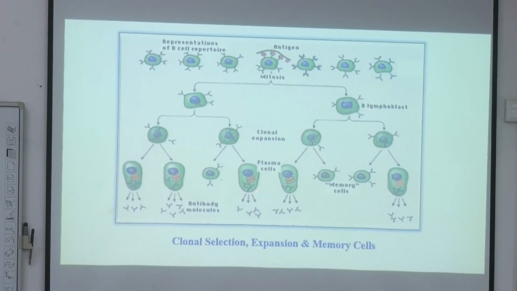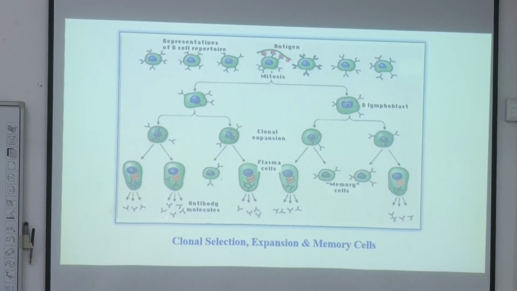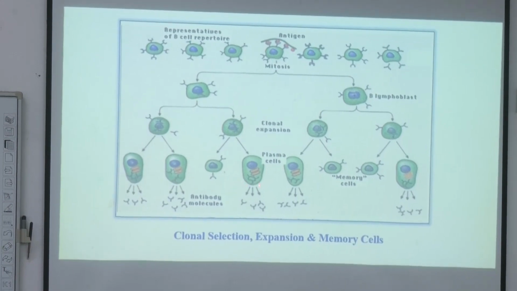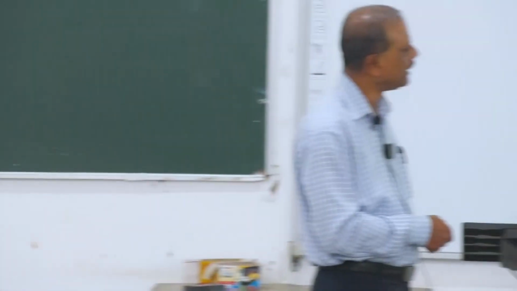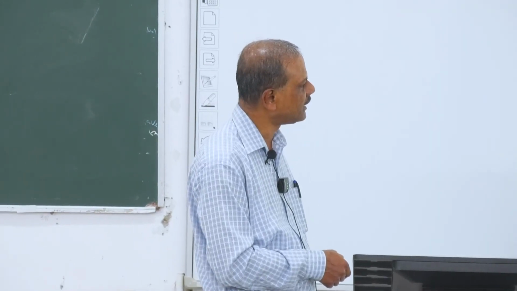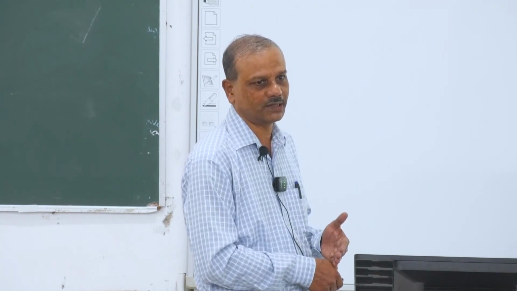But look at this: some of the cells are secreting immunoglobulin, some are not. Those cells which are secreting immunoglobulin produce antibody, and the rest of the cells are not producing; they remain in the body as memory cells, stored for the moment we get an infection at a later date.